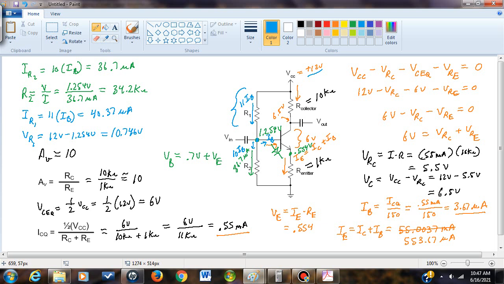With those two pieces of information, as far as R1 and VR1, we can solve for the resistor value of R1.